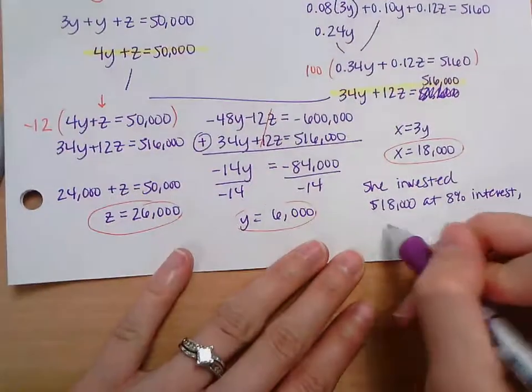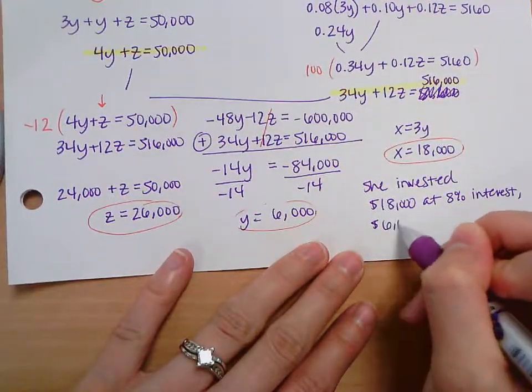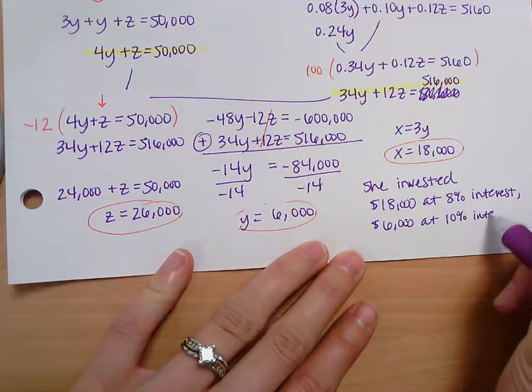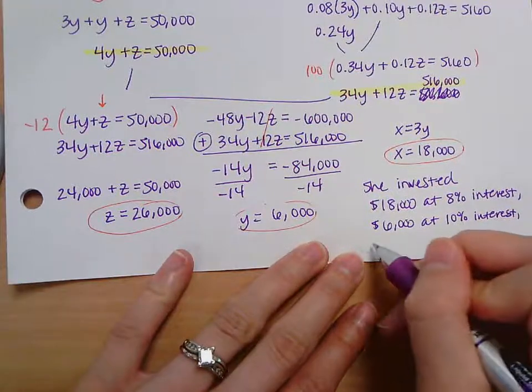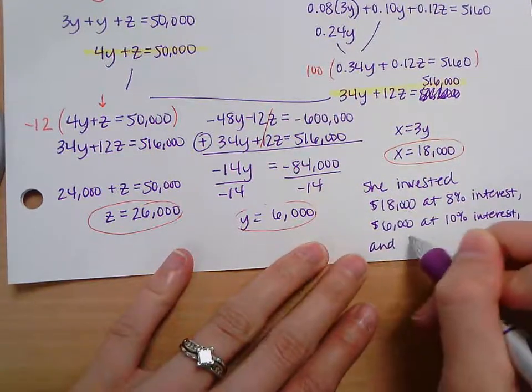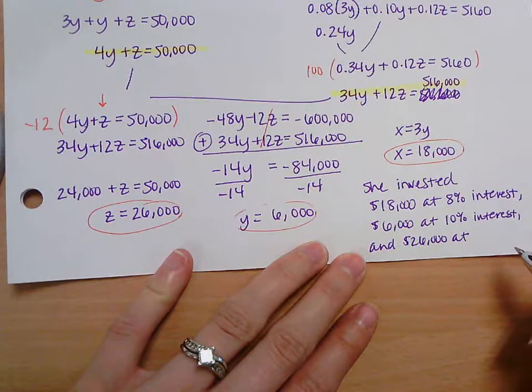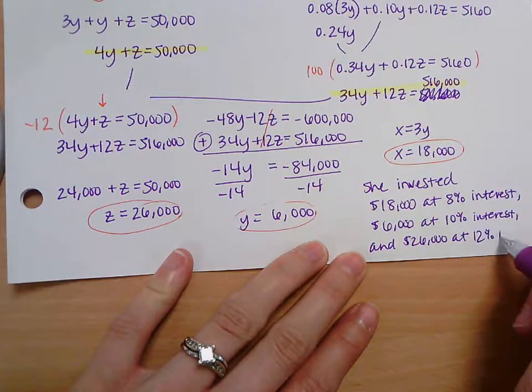That was my x. She invested $6,000 at the 10% interest and $26,000 at the 12% interest.